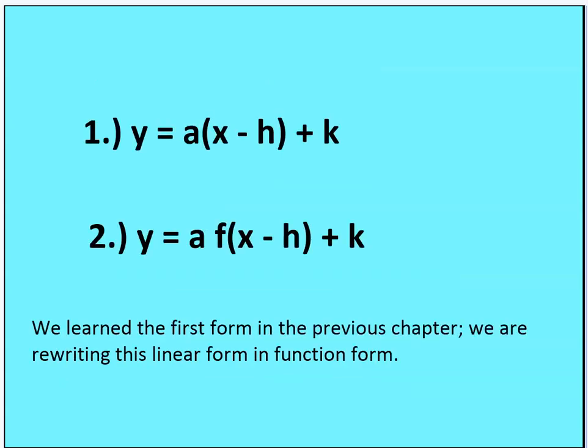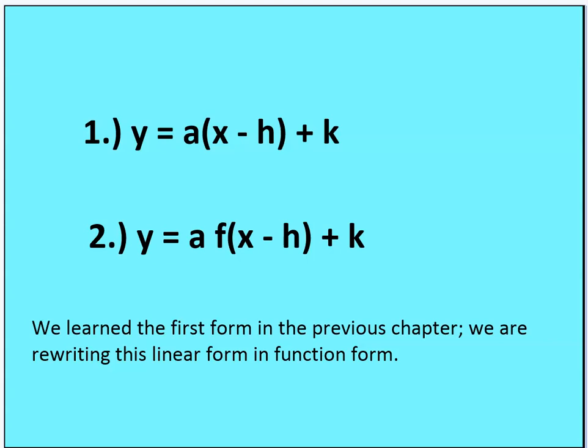All right, so let's talk about what we've learned in the previous chapter. We had talked about a transformational form for a linear equation. We started with the idea of y is equal to mx plus b, and then we expanded that to incorporate the shift horizontally with h and vertically with k.